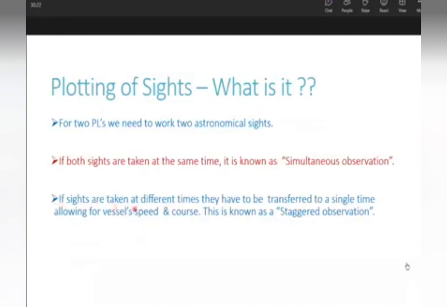If sites are taken at different times, then they have to be transferred to a single time. While transferring, we have to allow for the vessel's speed and course, and if there is any external factor like wind or current, they also have to be taken into account and the position line transferred.